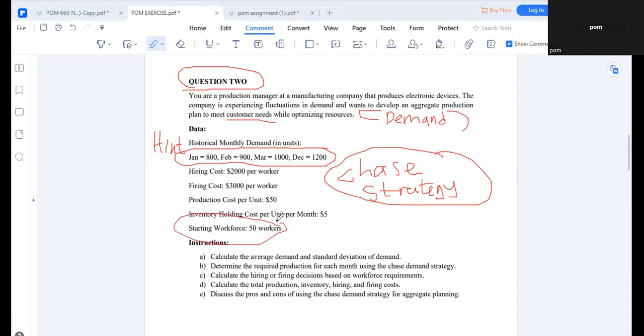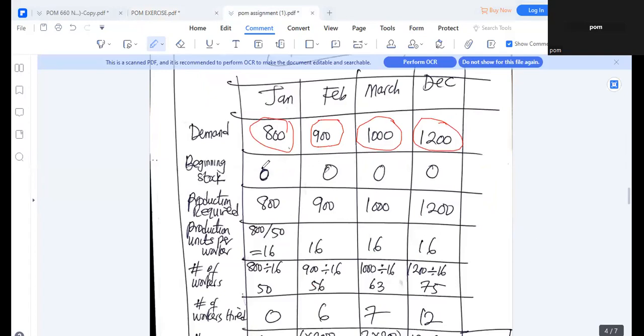So we need to know what was happening in the number of workers. Beginning stock 0, then what production do you produce to meet demand. On a regular basis, how many units?